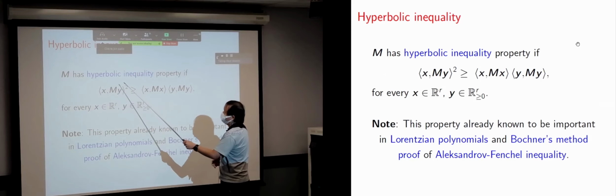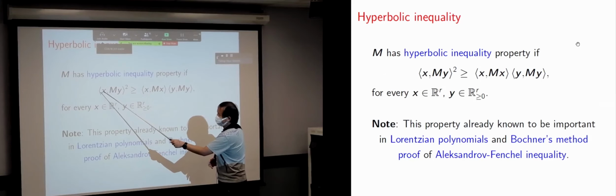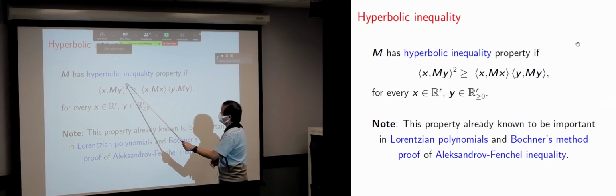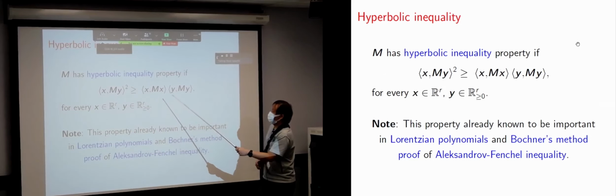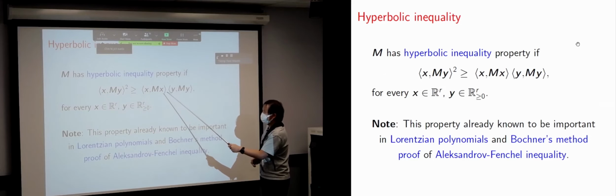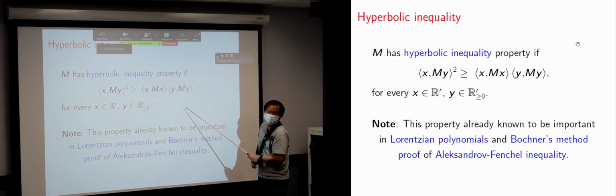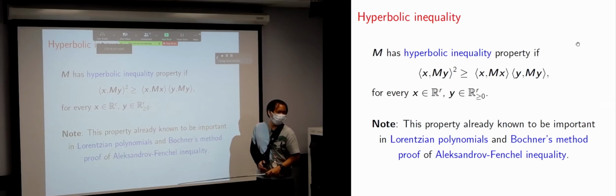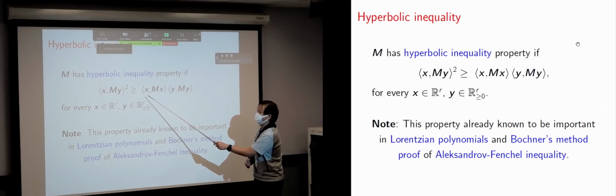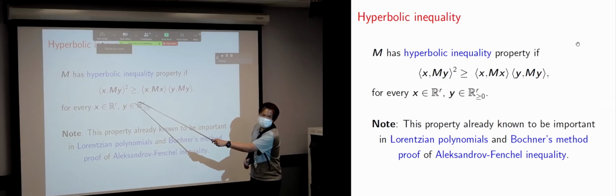Then the bilinear form of M applied to X and Y, squared, is greater than or equal to the inner product of M by X multiplied by the inner product of M by Y. This is in a way like the Cauchy-Schwarz inequality, except that the sign is reversed. Usually for Cauchy-Schwarz it's less than or equal, here you have greater than or equal.